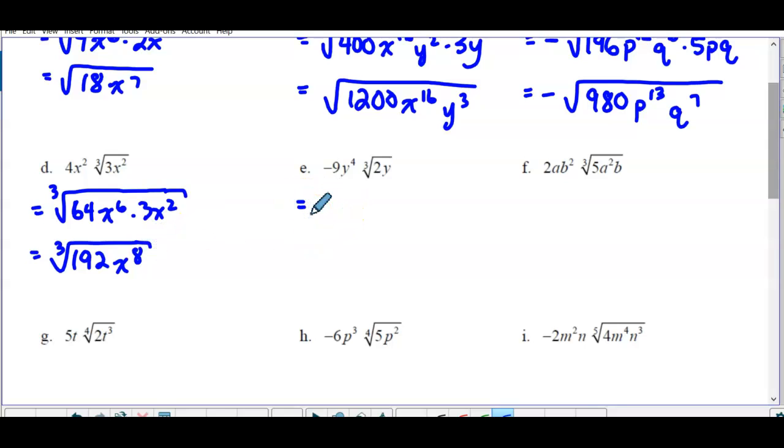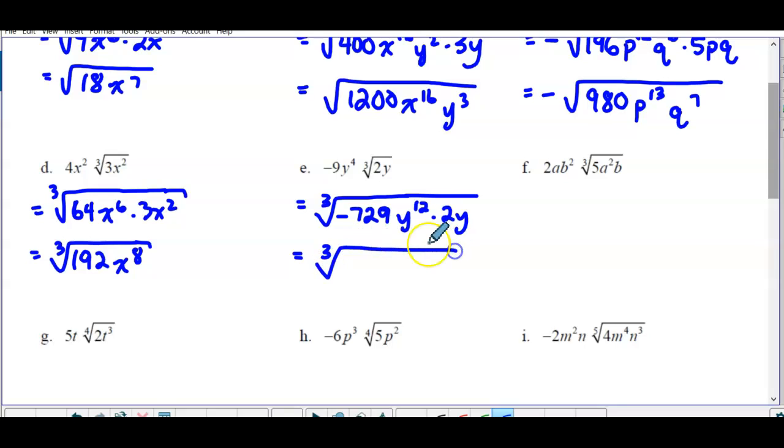Next one, entire radical, because it's cubed root, we can put the negative underneath. So 9 cubed is 729. Negative 9 cubed is negative 729. Y to the 4th cubed is y to the 12. And then multiply everything together. So multiply that by 2.